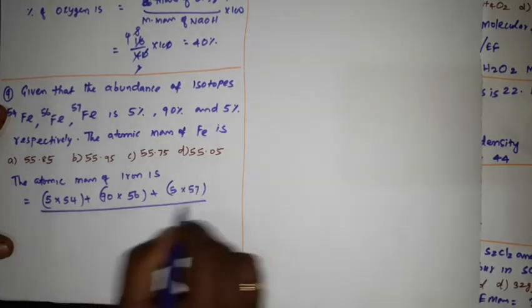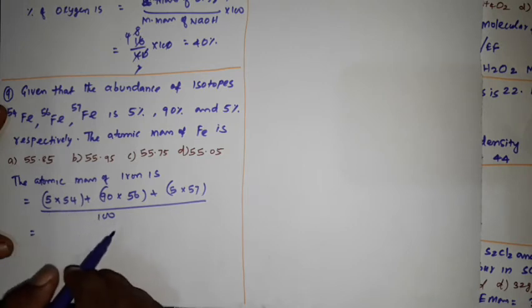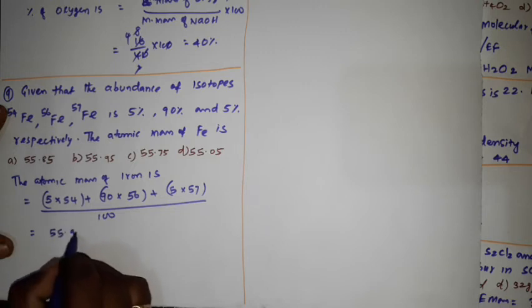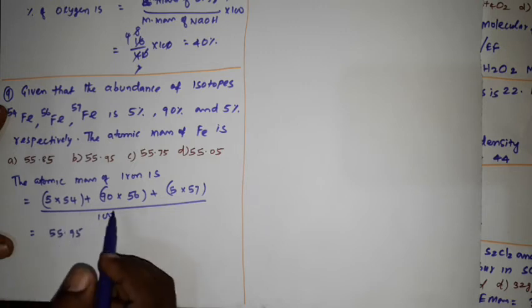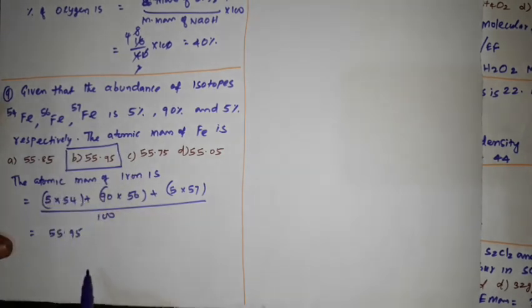This is out of 100. Okay. So after calculating, you will get the answer 55.95. You check with your calculator, you will get the answer. So option B is the right answer. Clear?